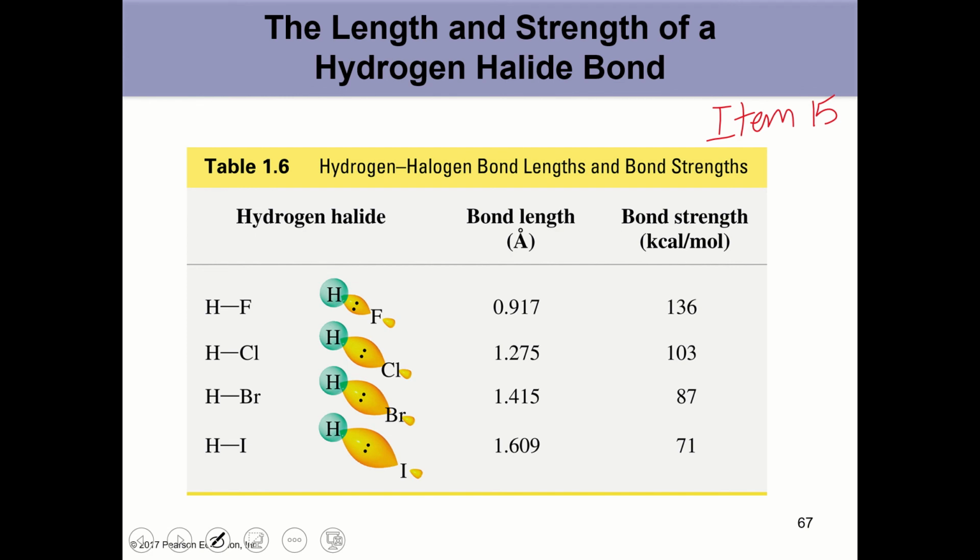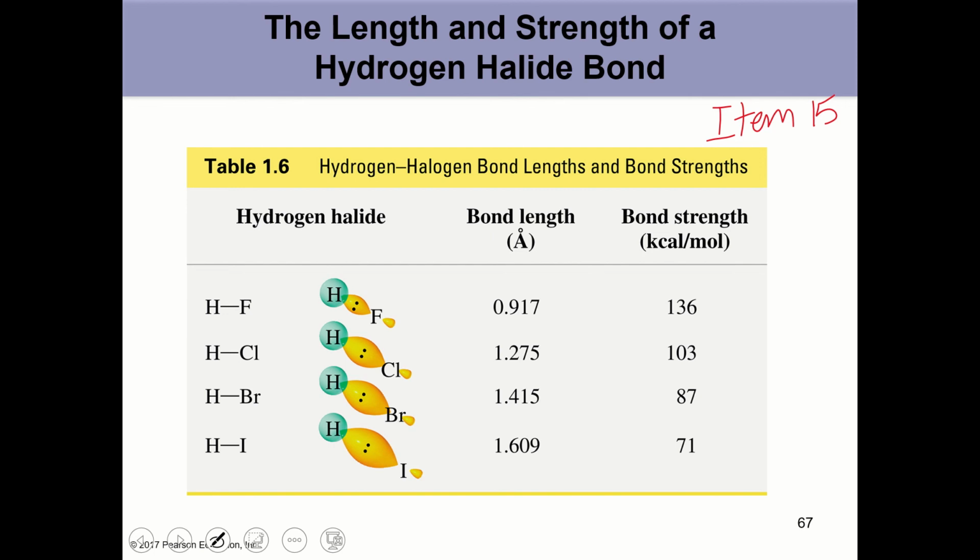Length and strength of a hydrogen halide bond is described in this table. It's showing you the length and the strength. So as you go down a group on the periodic table, you should remember that bonds get longer and weaker. For hydrogen fluoride, the bond length is less than 1 angstrom, and an angstrom is 1 times 10 to the negative 10th meters, and the bond strength is 136 kilocalories per mole.